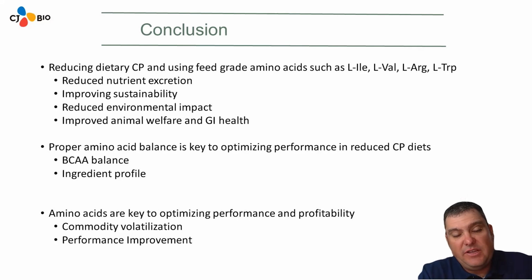But in addition to saving money on a per ton basis, the changes within the diet will allow for performance improvement, the benefits on gastrointestinal health, the benefits on pulse scores, and the benefits on animal welfare. It will not only allow you to save money on feed, but also allow you to capitalize on performance benefits and even enhance your profitability even more.